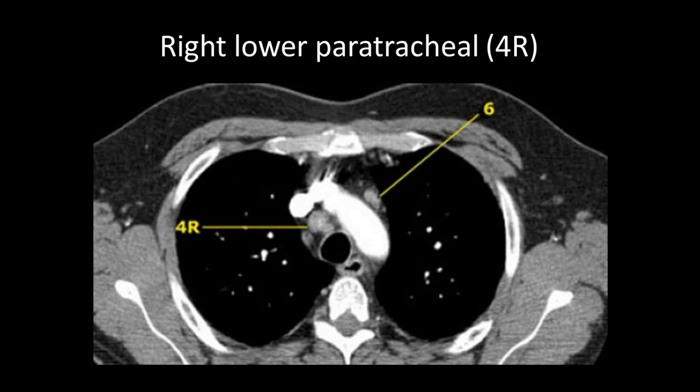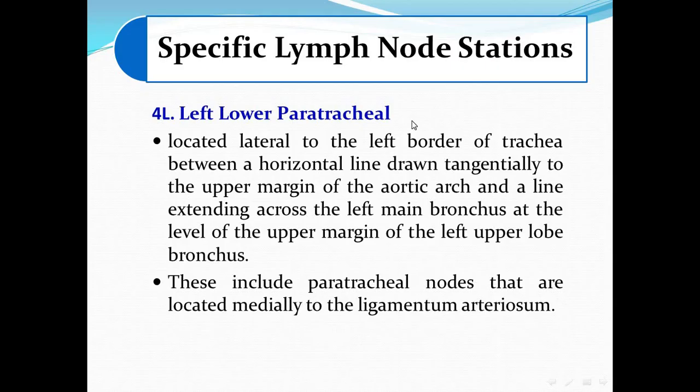Below the lower margin of the left brachiocephalic vein are the lower paratracheal nodes. And also, just to know, the brachiocephalic veins are the ones that form the superior vena cava. And because this is to the right, it's for R. R is for the right.